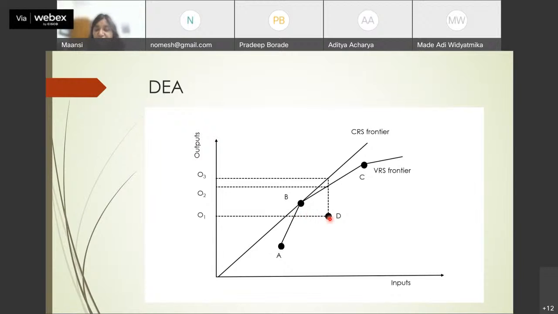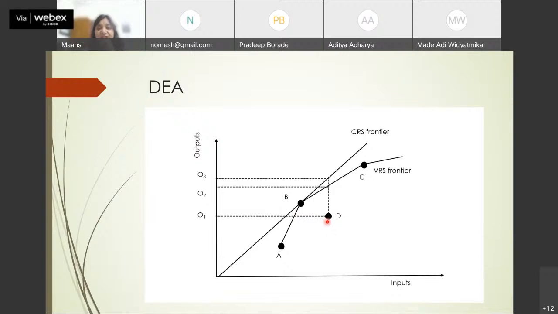In case of output oriented models, it keeps the input level the same and tries to determine how much the output could have been increased had the unit been efficient. This is what it represents, O2. Were we considering the CRS frontier, it would have been O3. If we take an input oriented model, it will try to reduce the input for a given level of output O1 and try to come over here to join the frontier.